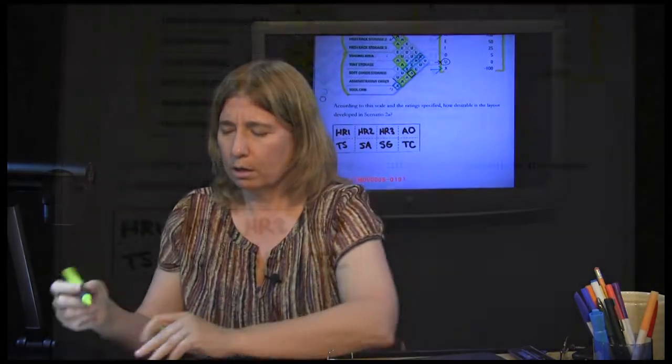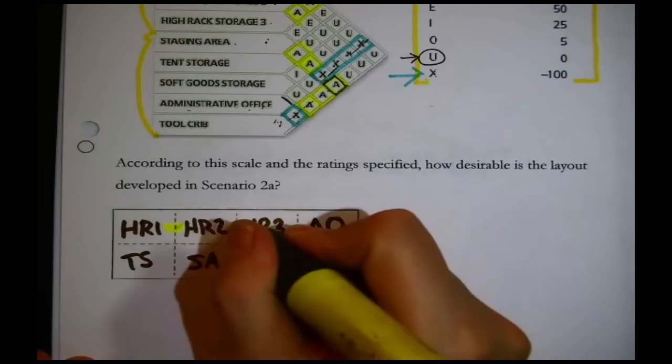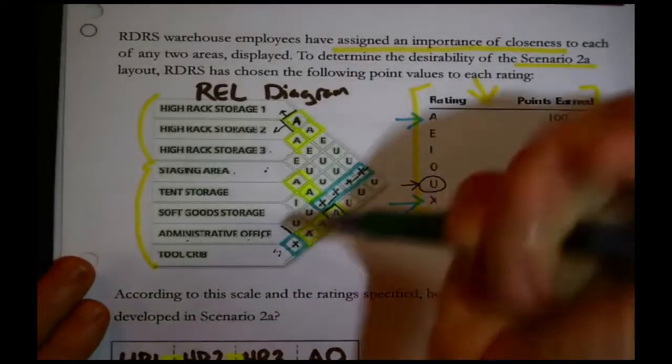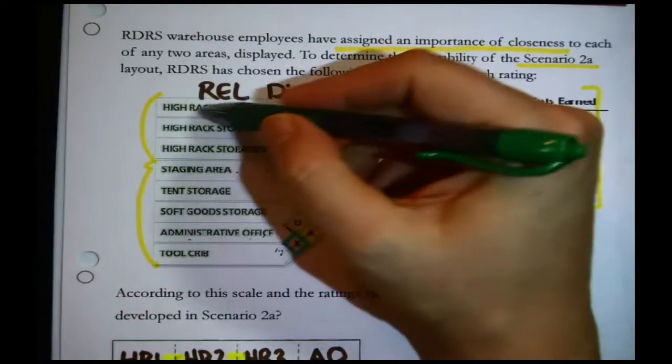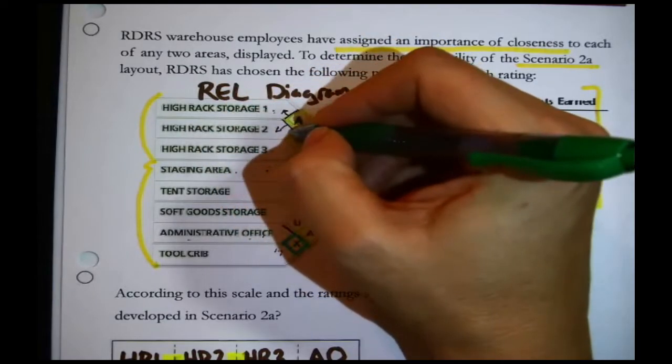For instance, in this layout, HR1 and HR2, the 2 high rack areas, are neighbors. Here's high rack storage 1, HR1, and high rack storage 2.